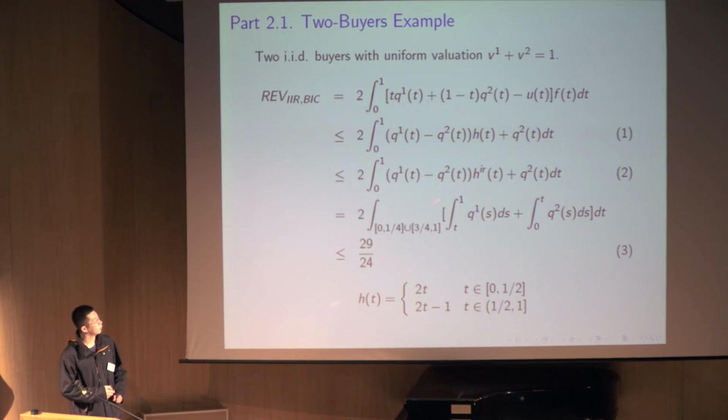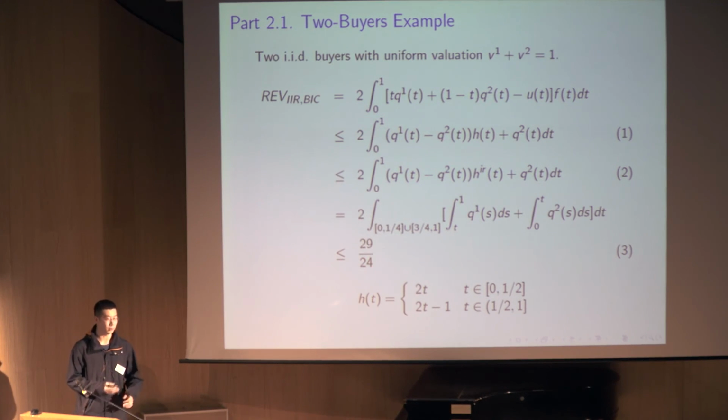Then we use Myerson's ironing technique to get the second inequality, and at last we use Border's feasibility constraint to get the third inequality. The method is very straightforward: we just sequentially use the constraints to get the upper bound. And this upper bound is actually tight.